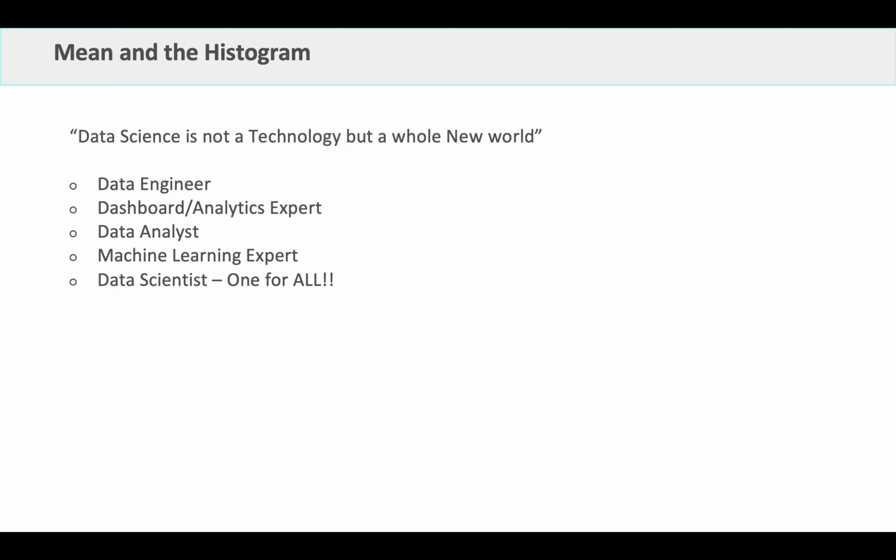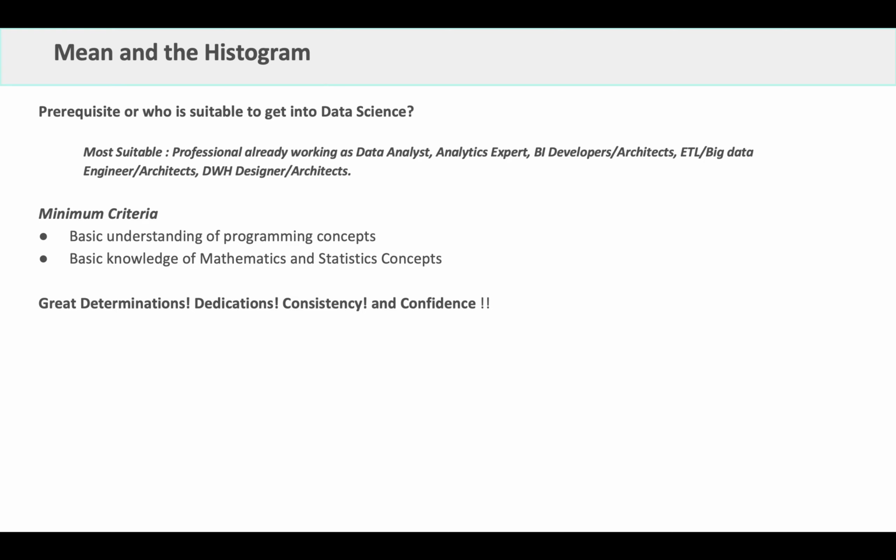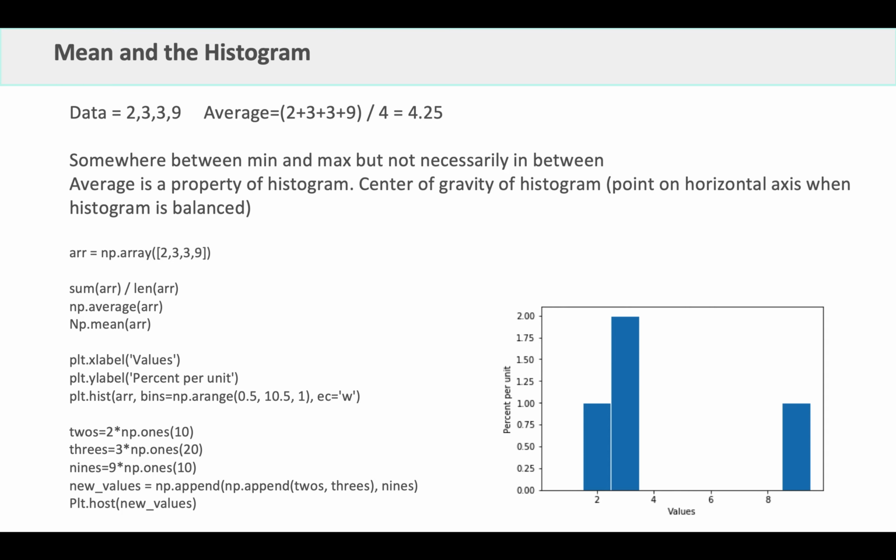He plays multiple roles, and these are some of the roles we see. Just ignore this title, mean and histogram, that is not good here. So maybe we will see some of the statistical techniques, what statistics is, and how statistics is used.